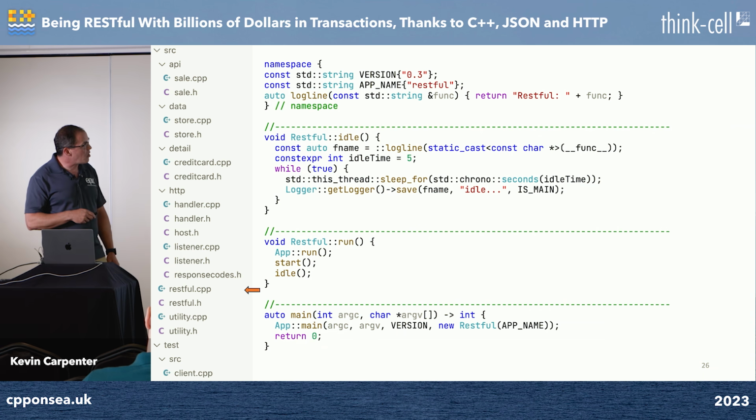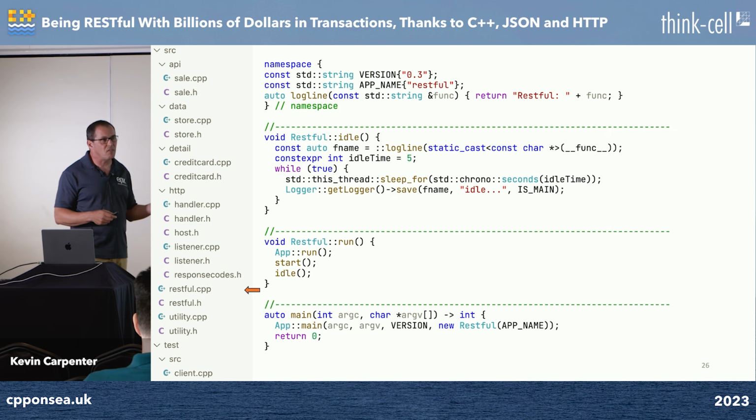You'll notice that we have our idle there. And as you can see, all the idle is really doing is, every 5 seconds in this case, logging out a line that says idle. We do this because when we're running transactions and running these servers, our network people will tail log files, because aside from running things on a load balancer, we do a lot of A, B, C type splits because we have centers in different parts of the world.